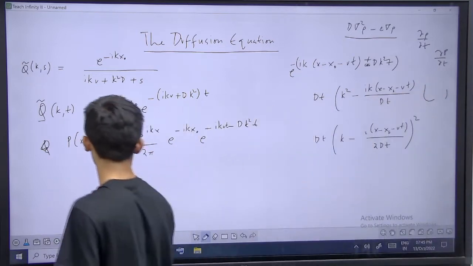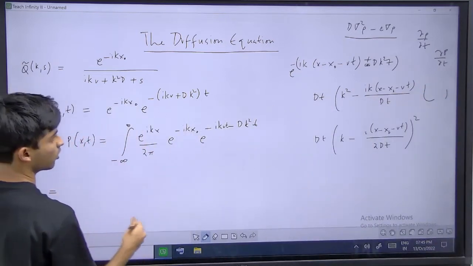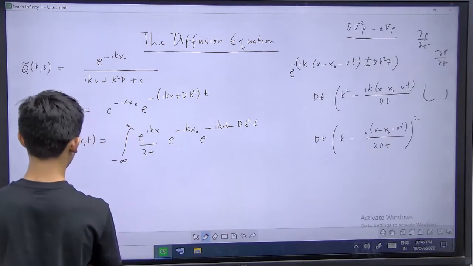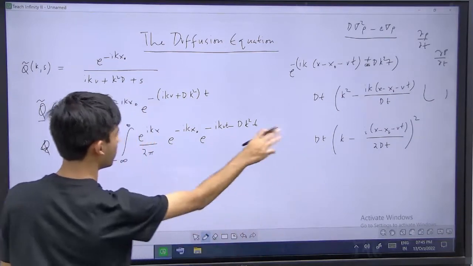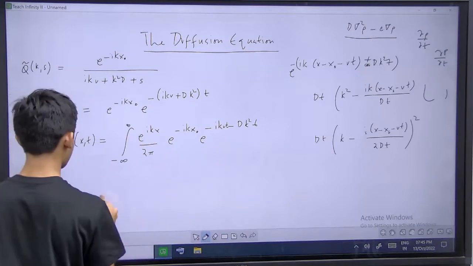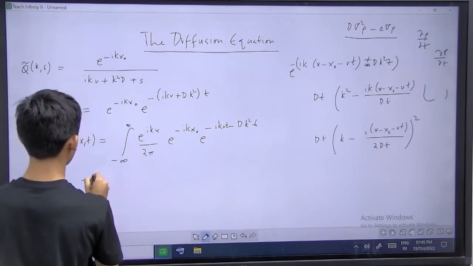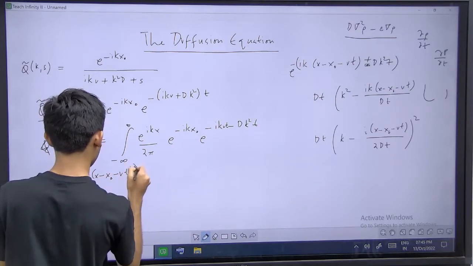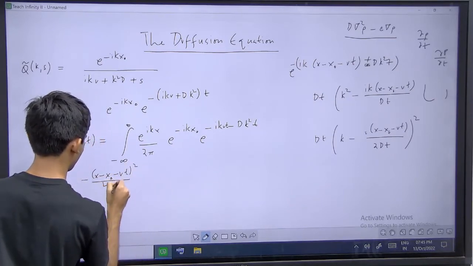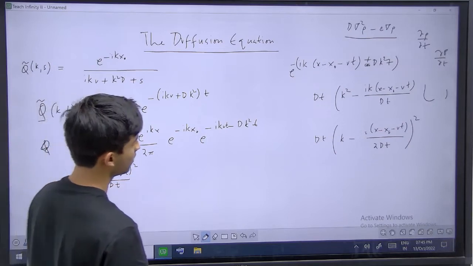We will continue that. So what comes out from there is going to be e raised to, so 2 dt squared is 4 d square t square, that cancels with that. So we get e raised to minus x minus x naught minus dt square by 4 dt, right?